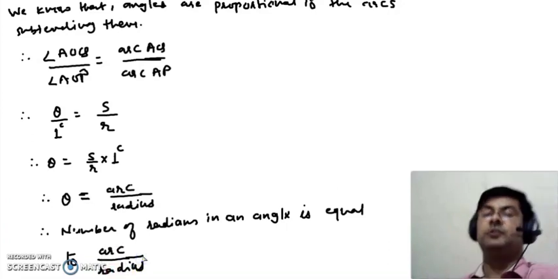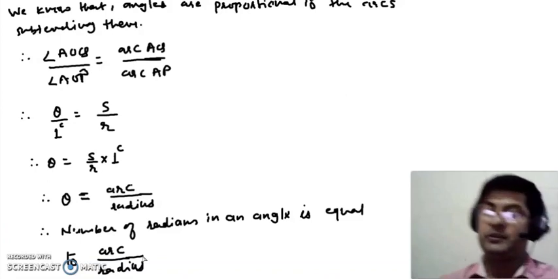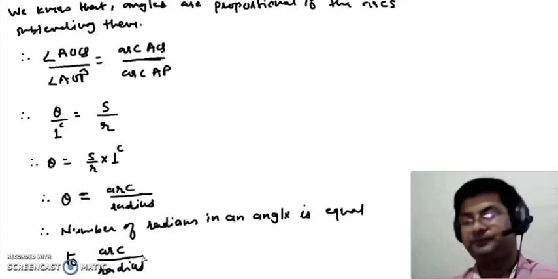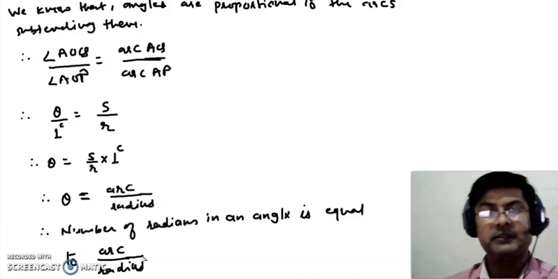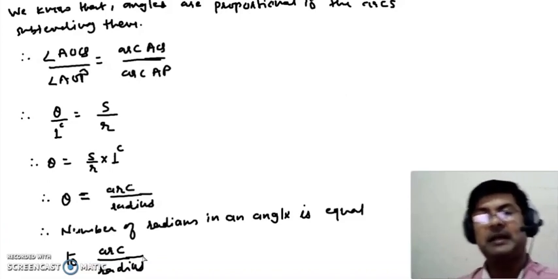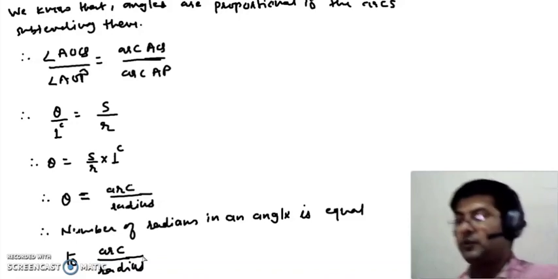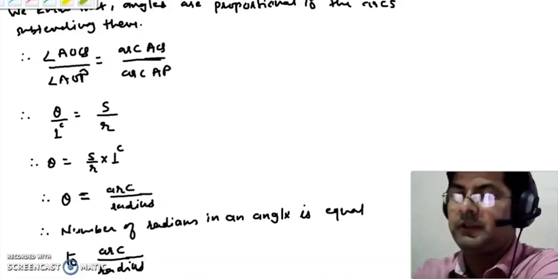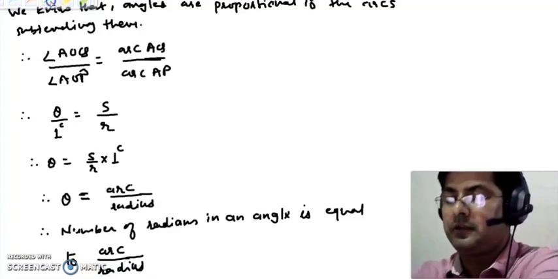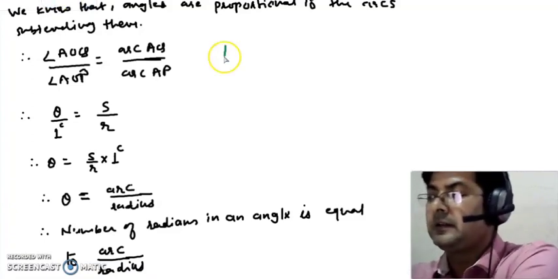Clear? So using this formula we can find out the number of radians in an angle subtended by an arc at the center. Here we have a formula that is to be noted.